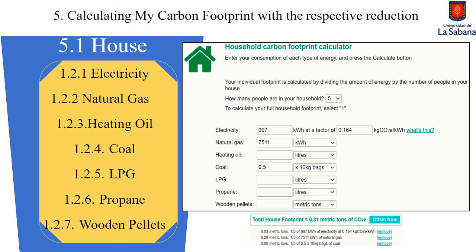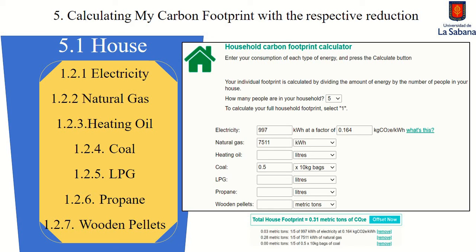Then the next step, the final step, is calculating my carbon footprint with the respective reduction. According to the section on reducing my carbon footprint, I will show you the result of my strategies, because I have reduced. In this section, I analyze a house.